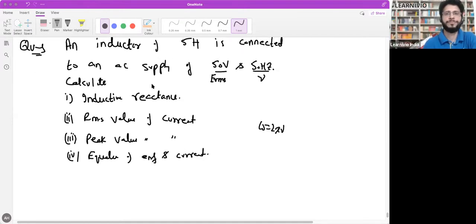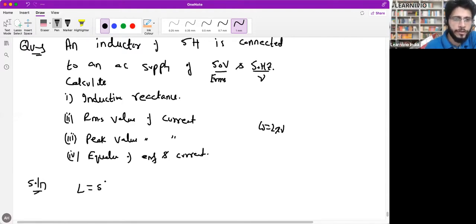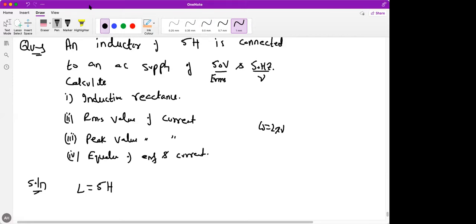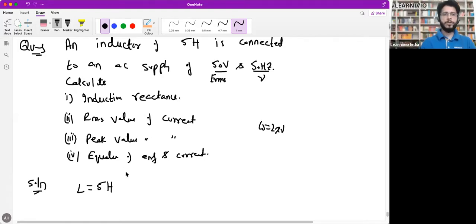Okay, let's solve it. For the first part, it's given that L, the self-inductance, is 5 Henry, and your frequency is 50 Hertz.